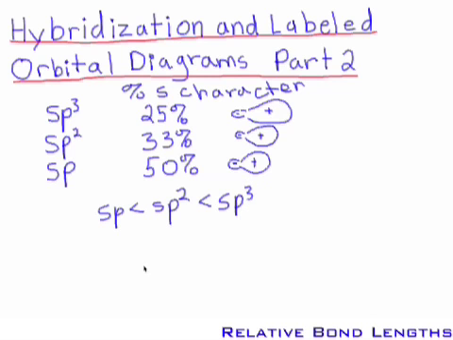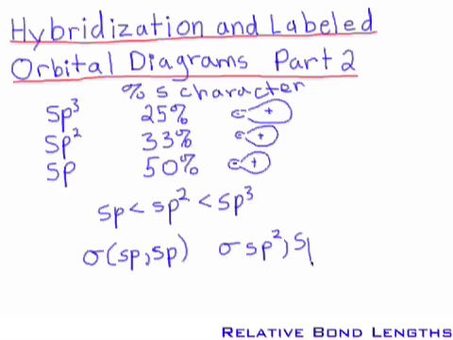The result of this is that if you compare a sigma sp sp bond, say to a sigma sp squared sp squared, the sigma sp squared bonds are going to be longer than the sigma sp sp.